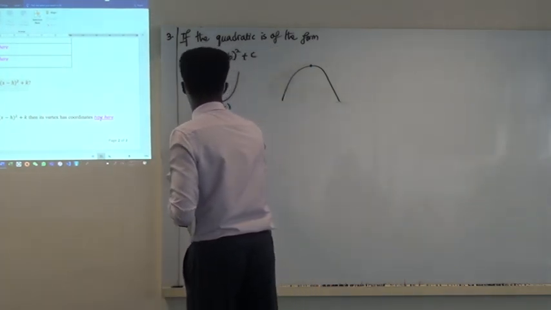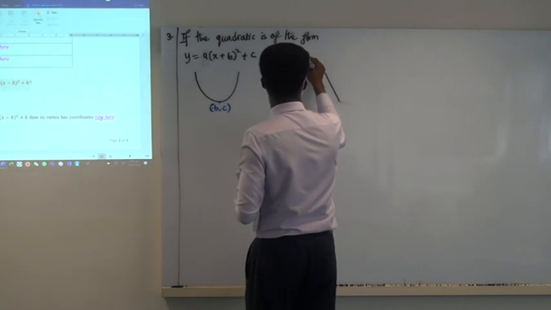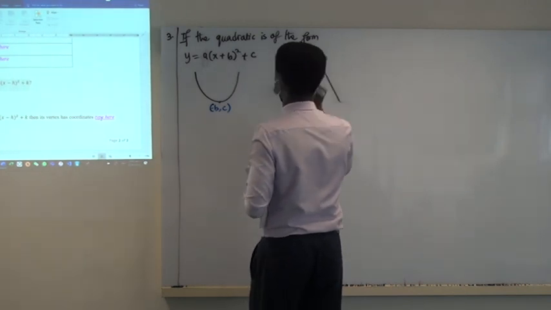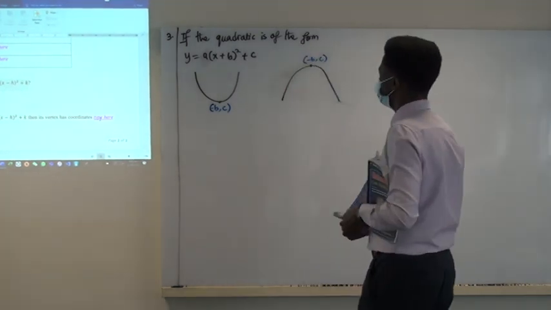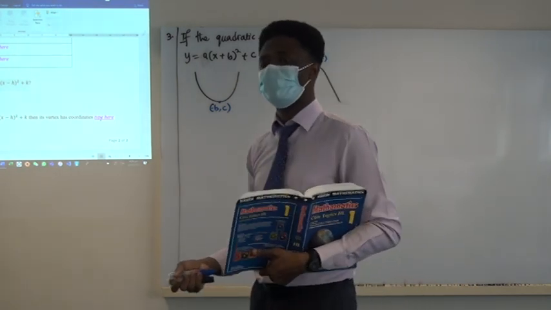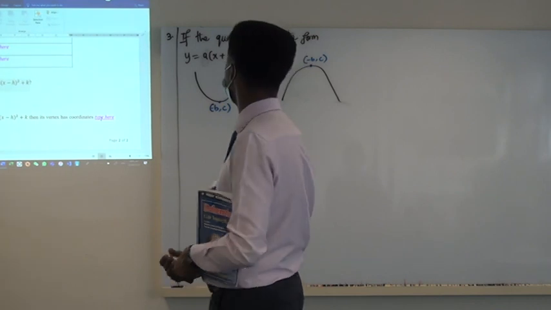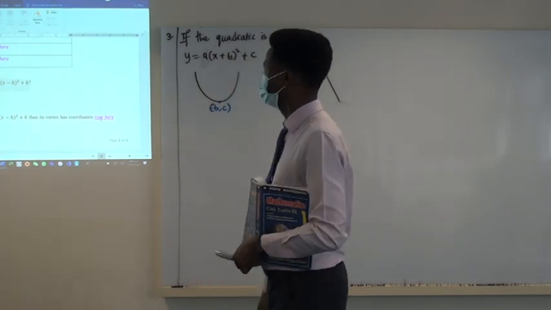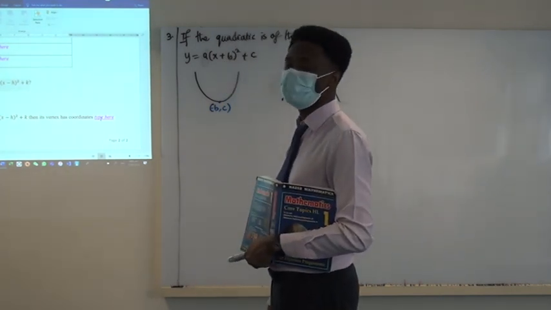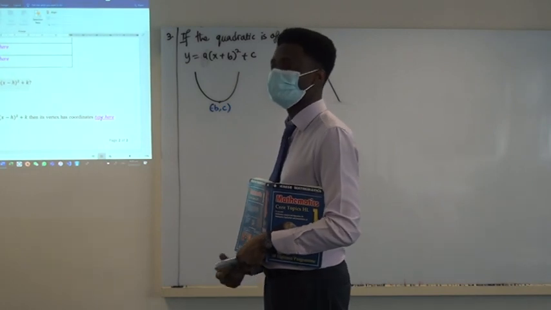Is it minus b? Are you with me? Yes. Minus b comma c. If the vertex has minus b comma c, then you can talk about easily the equation of the axis of symmetry. What would be the equation of the axis of symmetry? X equals negative b. It's as simple as that.